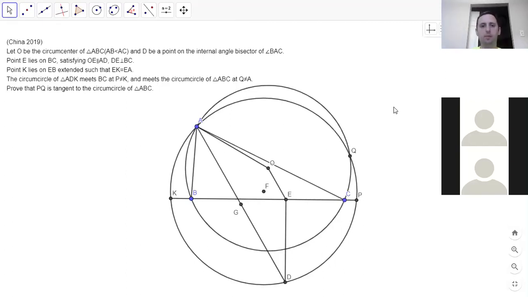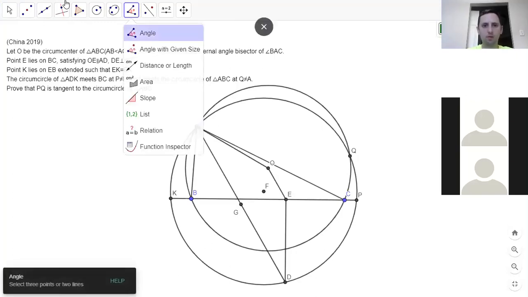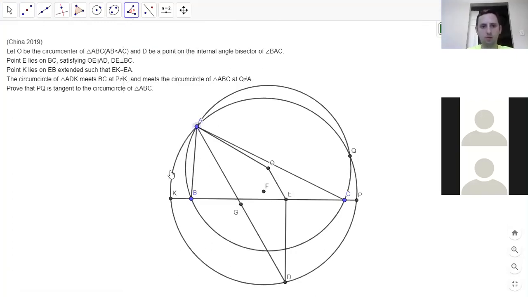Is AKB similar to ACQ? So one of the angles is equal. Let's check another angle. You have to do it that way.